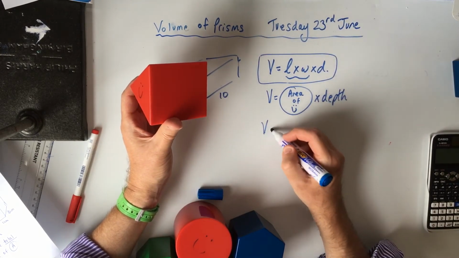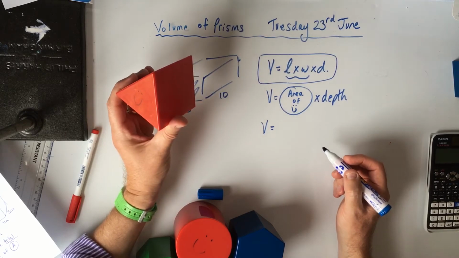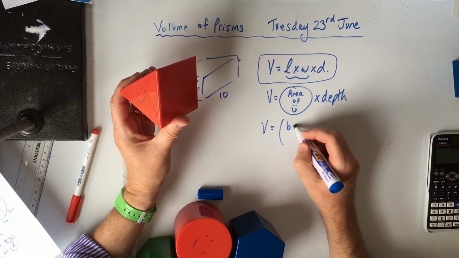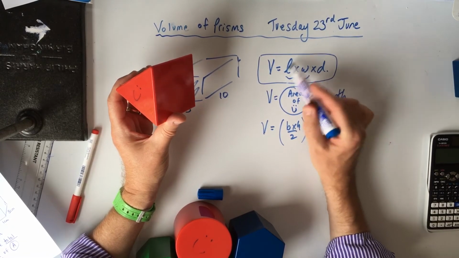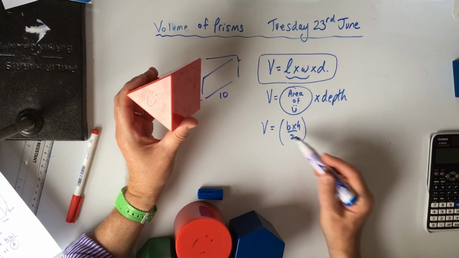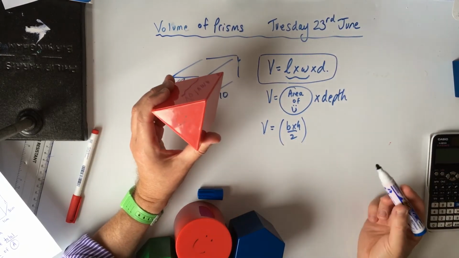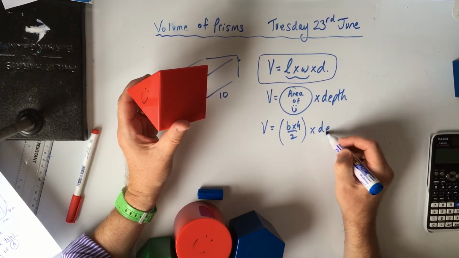So the volume of a triangular prism would be base times height divided by 2, times the depth. We just substitute the formula for the area of the front face each time, depending on the shape that we've got, and we times it by the depth.